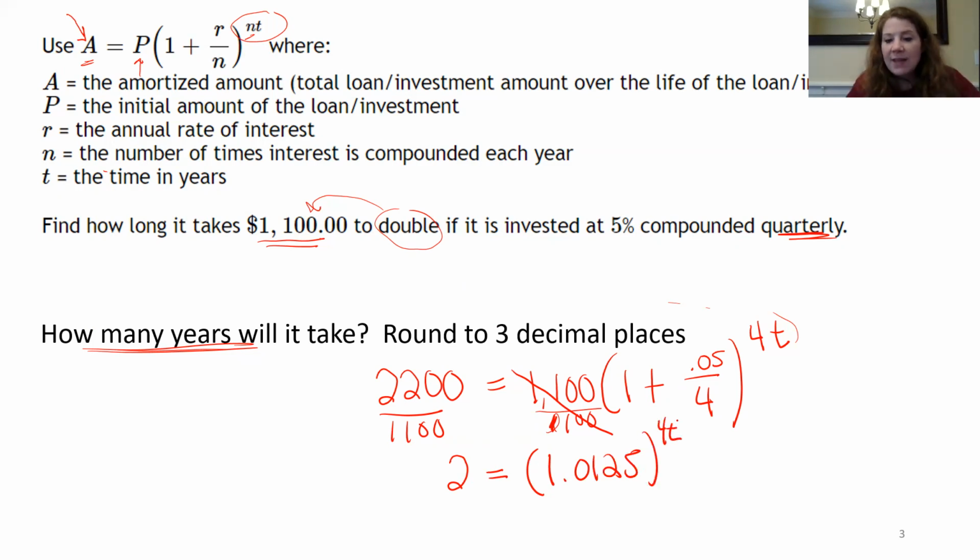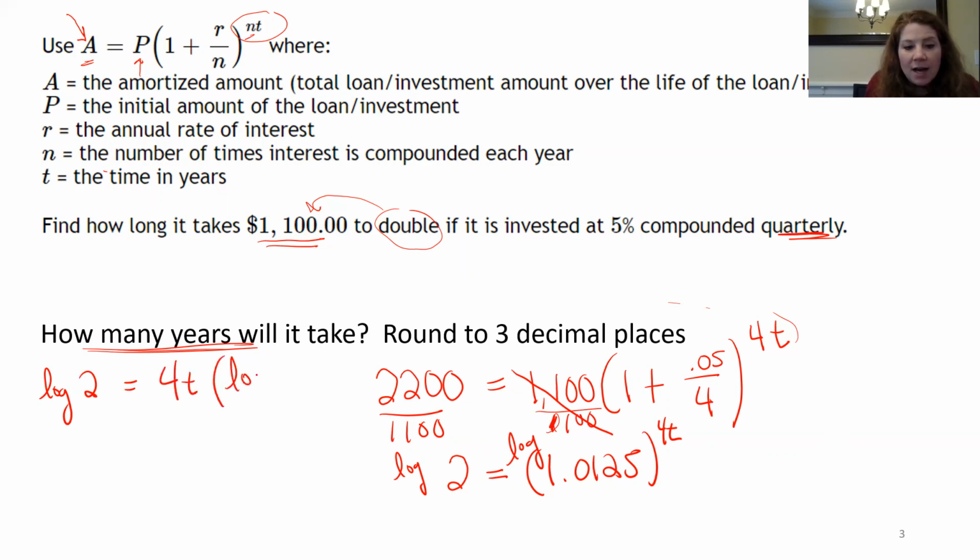And now I want to get that 4t down, as a regular number, which means I have to find the log of both sides. So the log of 2 and the log of that number. So I have the log of 2 is equal to 4t times the log of 1.0125.